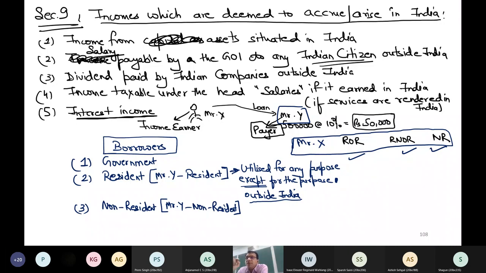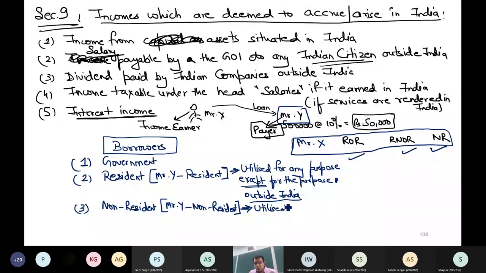This interest income, if the amount has been received from a borrower who is a non-resident, is never treated as income deemed to accrue or arise in India, except in one case it will be treated. What is that one case? Can you tell me logically what will be that one case where it will be treated as income deemed to accrue or arise in India?